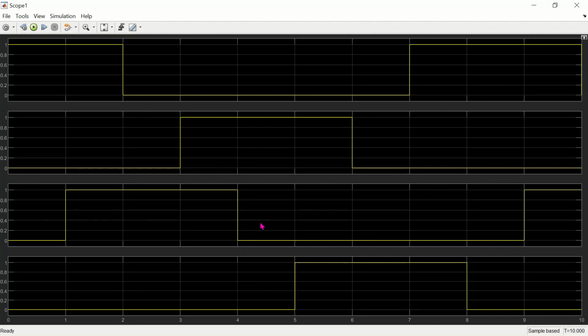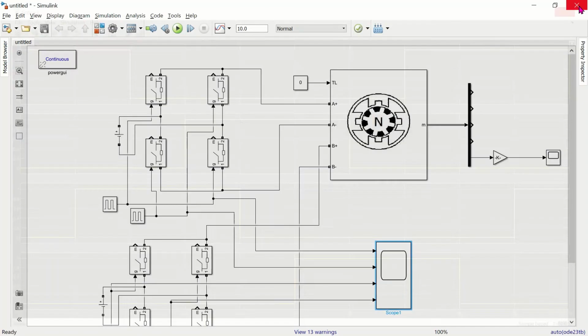Now B plus becomes off, A minus alone is on during this time, and then A minus and B minus become on. Then it repeats in the same sequence to rotate our motor till it reaches the initial angle.